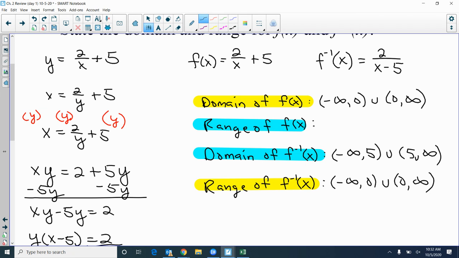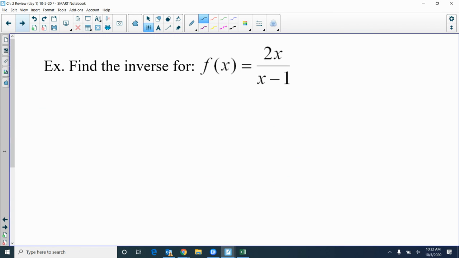So that is going to be negative infinity to 5, union 5 to infinity. Okay? So those are always going to be the same. Do the domains, use the domains, get your ranges. Okay? For that. All right, another one dealing with finding the inverse.